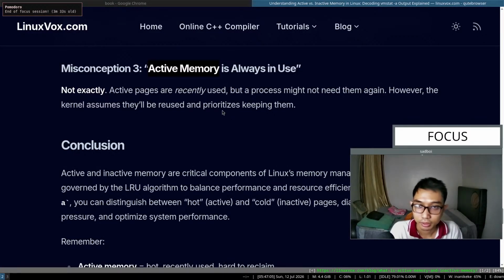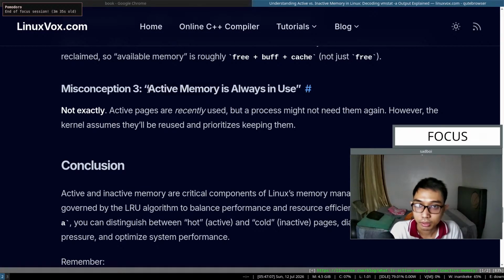Yeah, I'm still not sure, but this is something to keep in mind, I guess. Active memory is not always in use. It is just recently used. Okay.